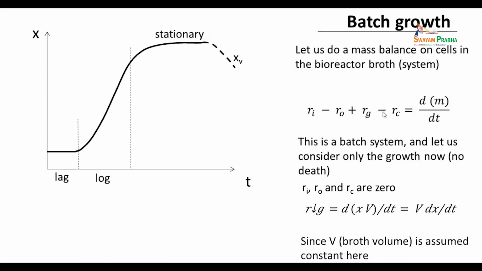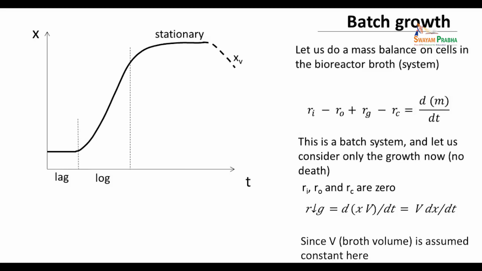Therefore, Rg, which is the growth rate on a mass basis, equals dm/dt. If we replace m in terms of cell concentration, because the cell concentrations are the ones that are easily measured. We would like to write things in terms of measured quantities because those are the ones that can be used to make decisions. So Rg on a mass basis is d/dt of m, which can be written as x times V. Cell concentration is mass of cells per unit volume, times the volume of the broth, that would be m.